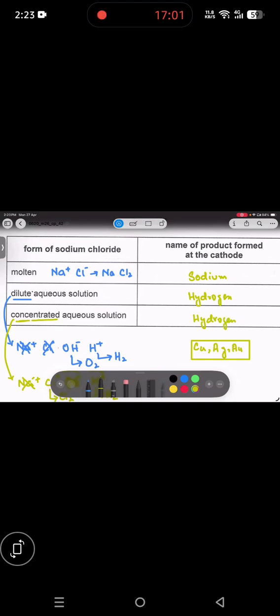If they ask you for the anode, what type of product will form? The product depends on dilute and concentrated in the solution, and in the molten state only chlorine. In the concentrated, chlorine, and in the dilute form, oxygen gas will be produced. Okay, this one is complete here.